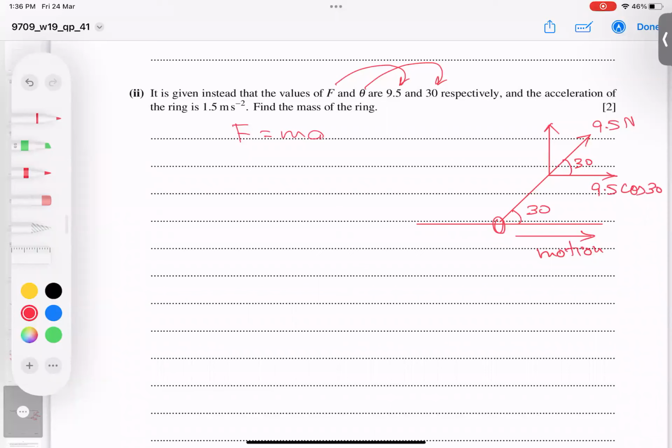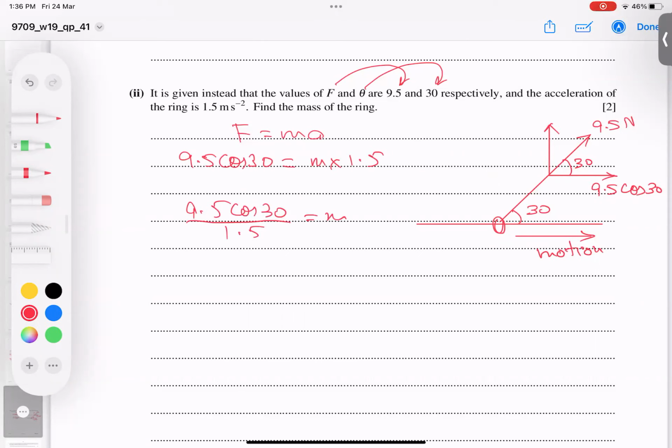And you know very well the formula for force; this will behave as a force. So 9.5 cos 30 equals mass, which is unknown, times acceleration 1.5. This acceleration goes down like this, and I'll get the mass. One minute, please.